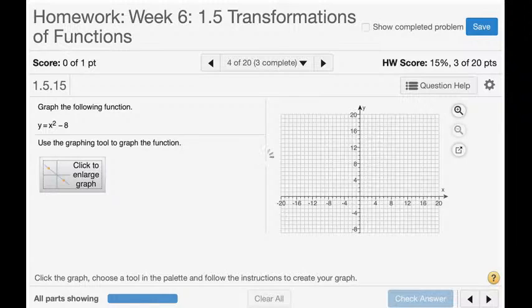Everything is still moving slow. I don't know. And I think the computer does need to be rebooted.